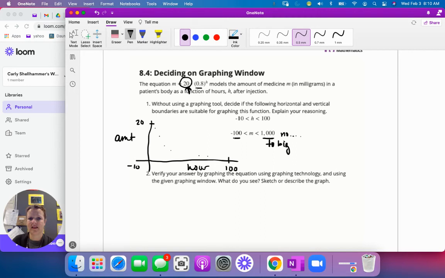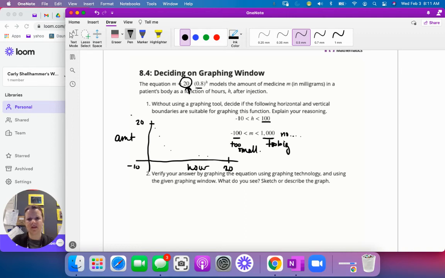I don't even need a -100. So this is too small. And really, 100 hours, the more I think about that, that's way too big. I doubt there's anything left in the system. We can take it down to 10, maybe even 20, and it would make better sense.